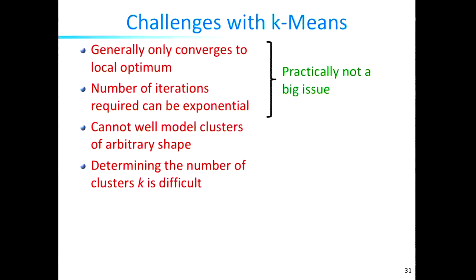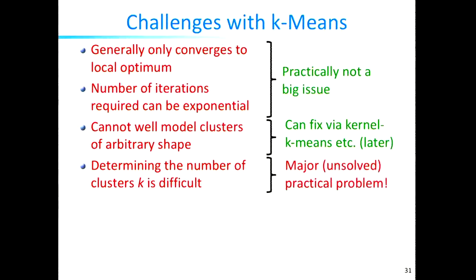So the first two are basically non-issues. The third one is that it can't well model clusters of arbitrary shapes. That is an issue if you just apply it naively, but you can fix it by going to proper representations, and we'll talk more about those later. The big question in practice, and that's really not well resolved, is how to validate a model.